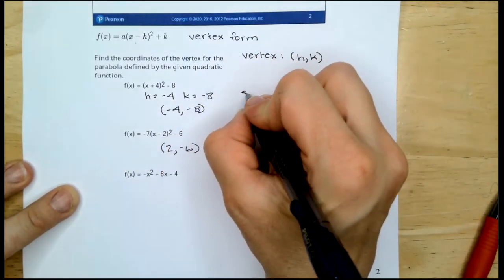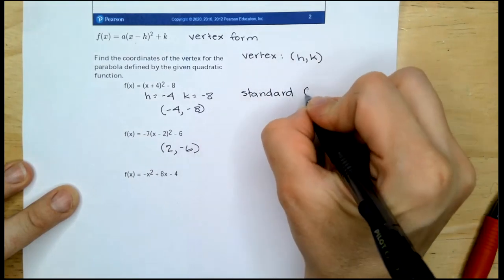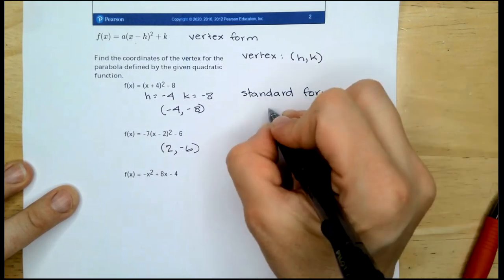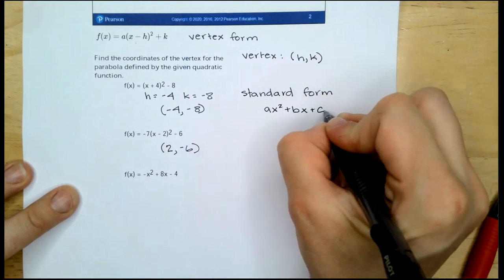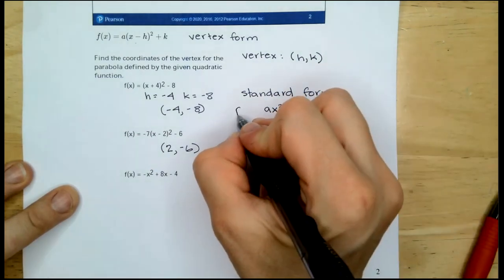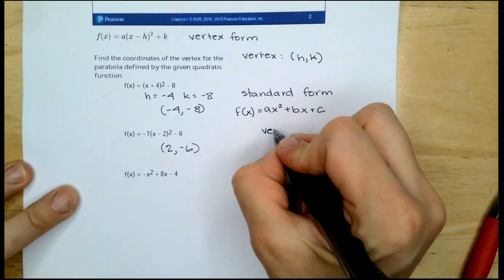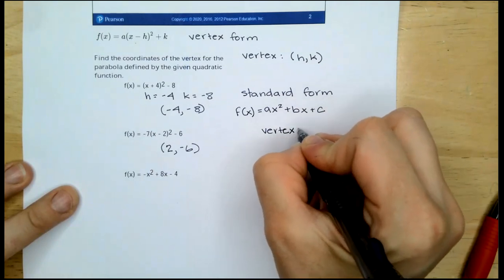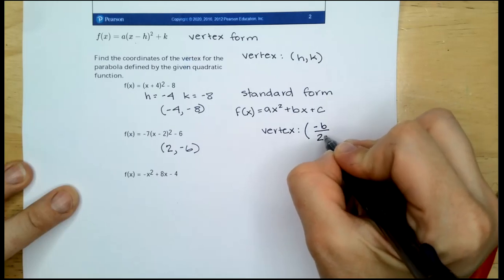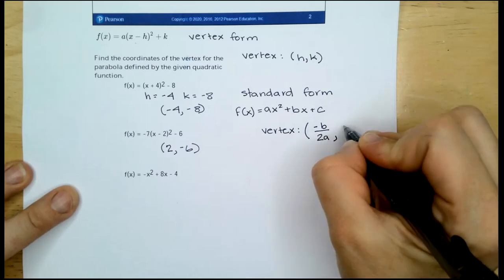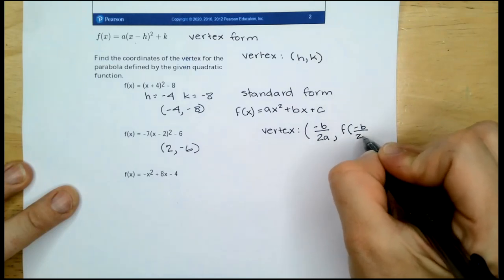And in standard form, which is ax squared plus bx plus c, then your vertex is going to be negative b over 2a, and then f of negative b over 2a.